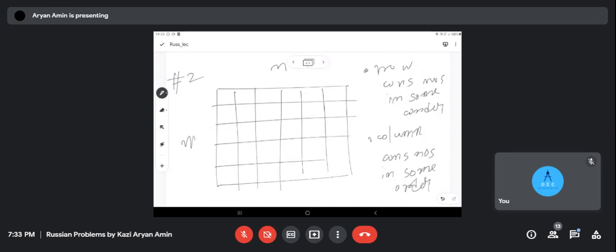Suppose that all the cells of the board are at most s, for some s as a function of m comma n, and you've been asked to determine s. Is the question clear to everyone?